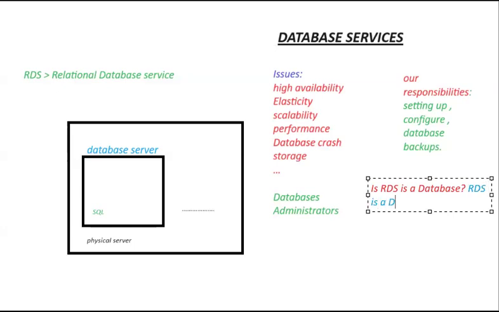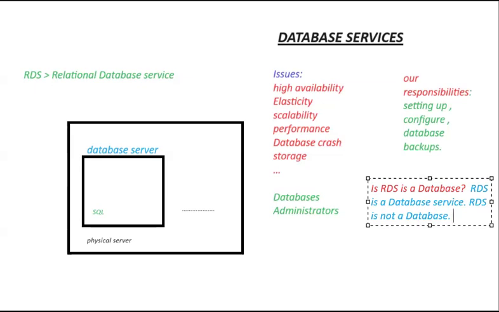RDS is a database providing service. That's why we call it a database service. It is not a database. RDS is a service which provides us databases; it will provide us the database engines.